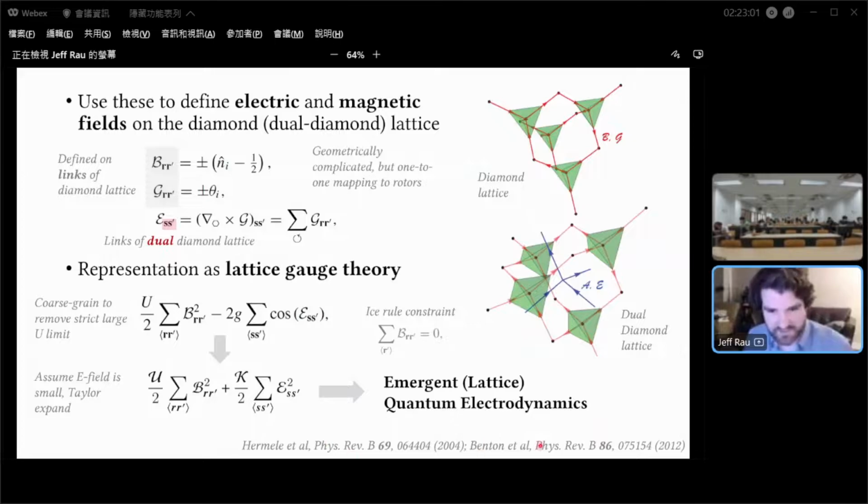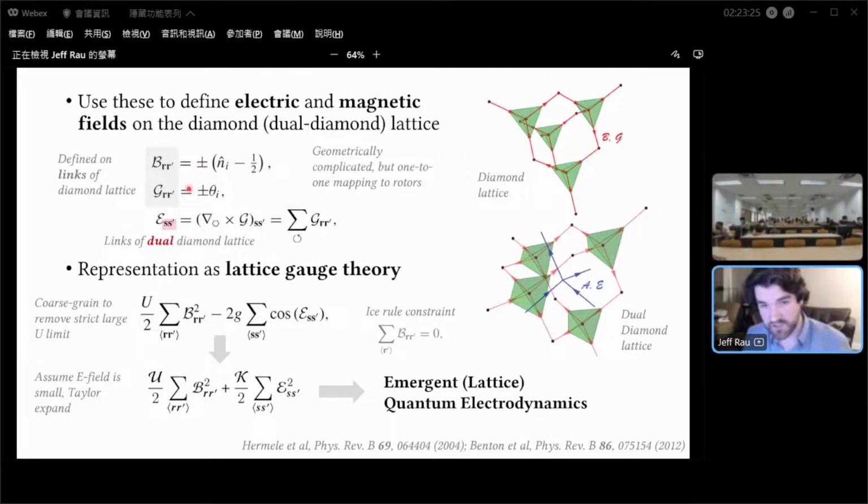If you want to get into the nitty gritty of it, I'd look at this paper down here from 2012 where they go over it in great detail. But suffice it to say, if you take the lattice curl of something on this dual diamond lattice here, you'll end up with a link variable on a different lattice, which is sketched here by these blue lines. This is all just rewriting of the Hamiltonian.